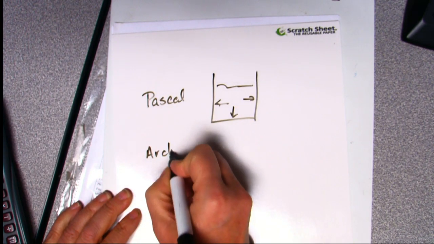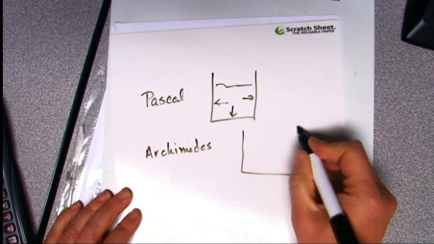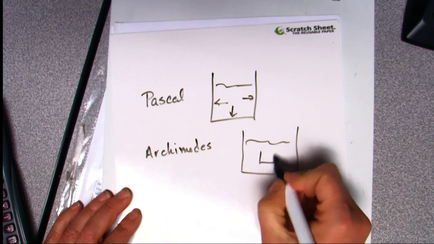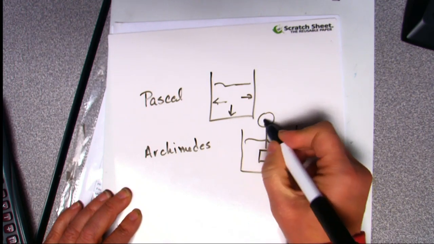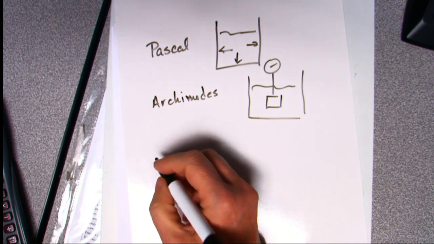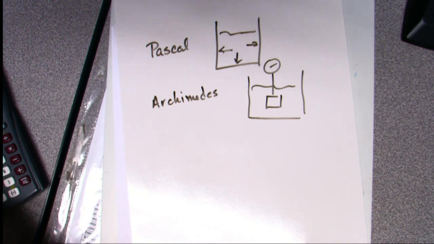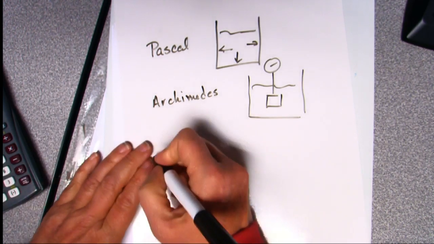Archimedes gives me the one I'm worried about, the force on my scale. And then we get good old Bernoulli.